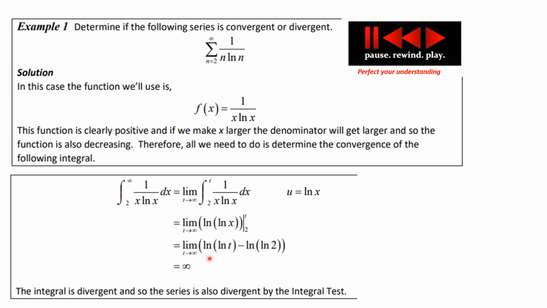So whenever we put these values in and take the limit, even though the logarithm grows very slowly, and the logarithm of the logarithm grows very slowly, we see that this is infinity. And so this integral is divergent, and so by the integral test, the series is also divergent.